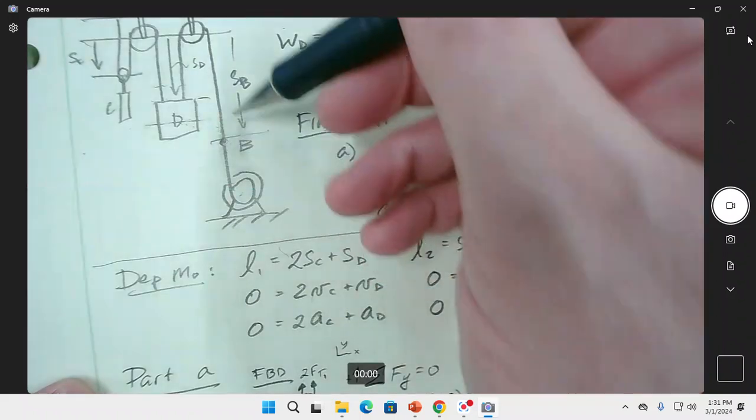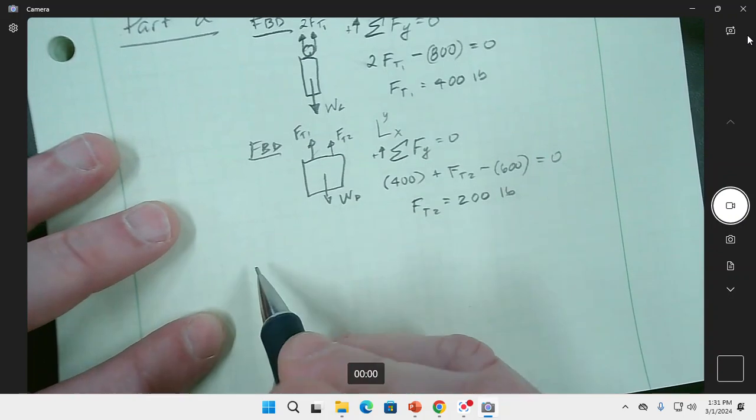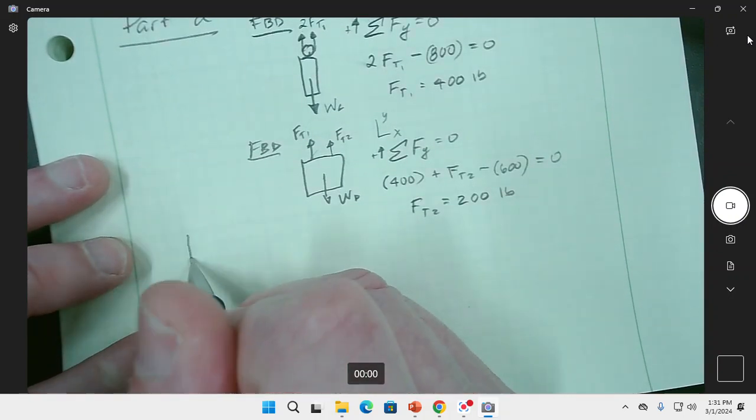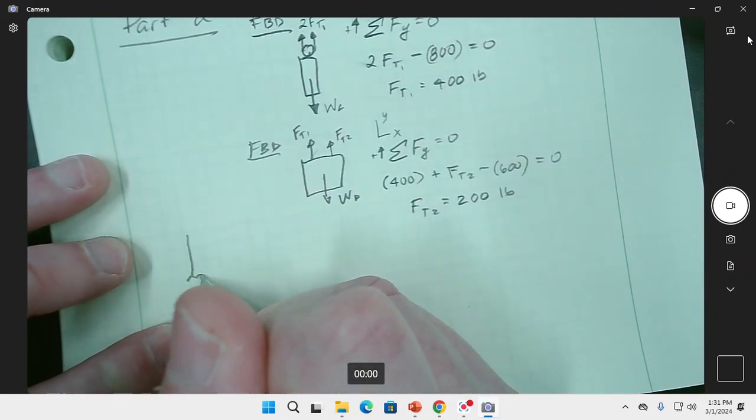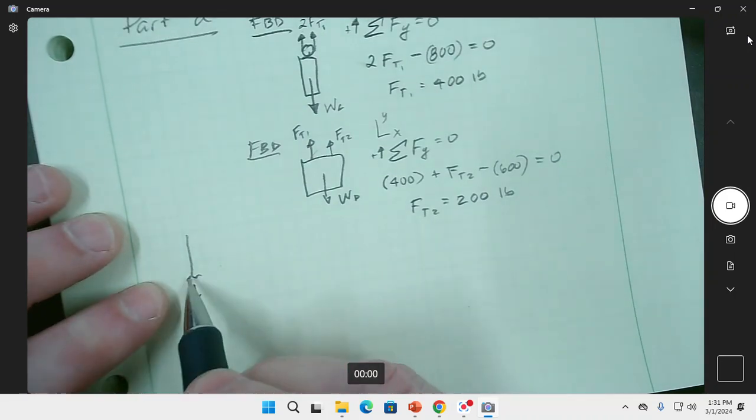So it's going downwards at 8 feet per second. So I'm going to draw the rope here, and I cut the rope right here.